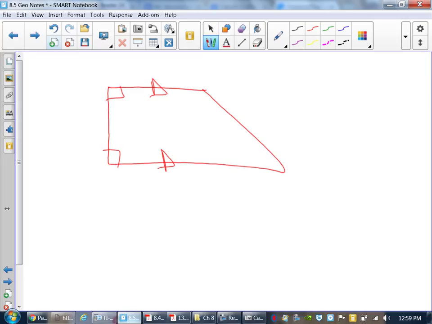You could get something like that, and work through the rest of it. You can't have two sets of right angles in a trapezoid, because if you did, you'd wind up with rectangles and parallelograms, and that's not what we're looking for. Does that make sense? You can have two right angles, as long as they're on the one transversal.